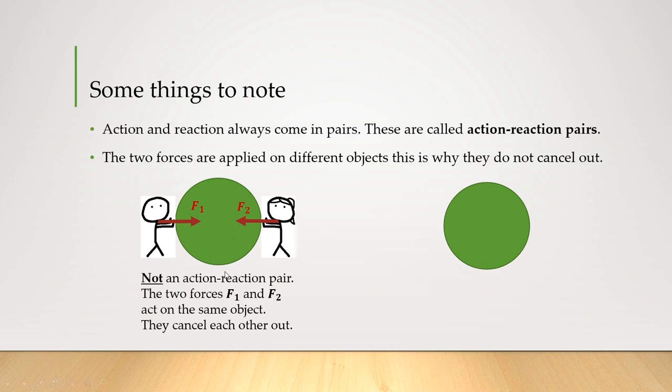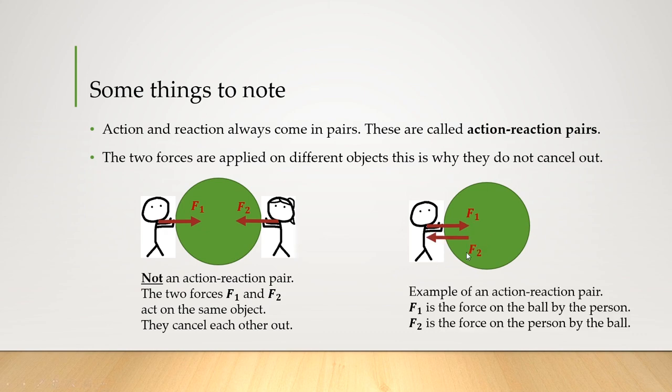Now, this is action-reaction. This guy is exerting force 1 on the object, and the object is exerting force 2 on that guy. So, this is an example of an action-reaction pair. Force 1 on the ball by the person, force 2 on the person by the ball. Okay? And this is what's interesting. Action-reaction pairs, they do not cancel out. So, imagine you are doing push-ups on the earth.